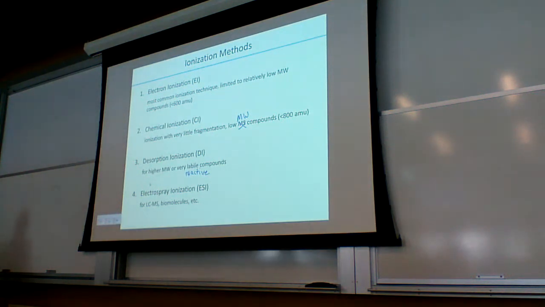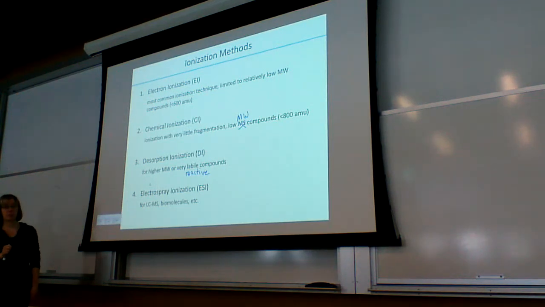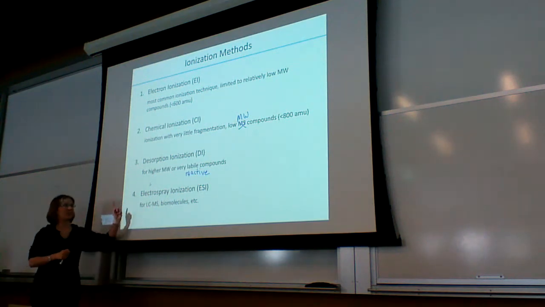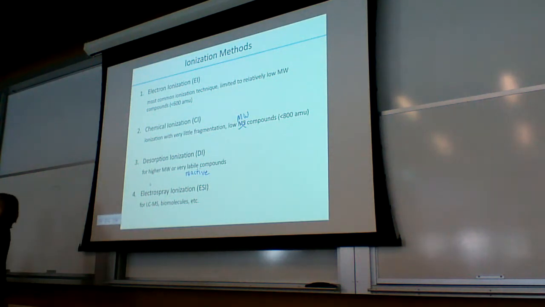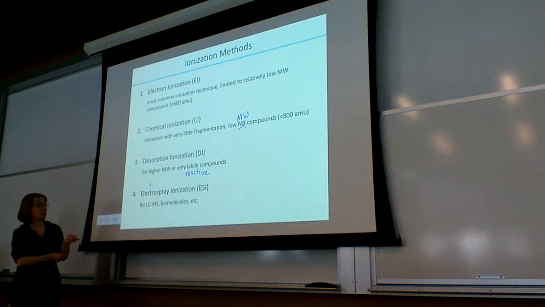The last one is the electrospray ionization, not to be confused with the electron ionization. So we have EI for electron ionization. Electrospray ionization would be ESI. In electrospray ionization, again, we're looking at our larger molecular weight compounds.